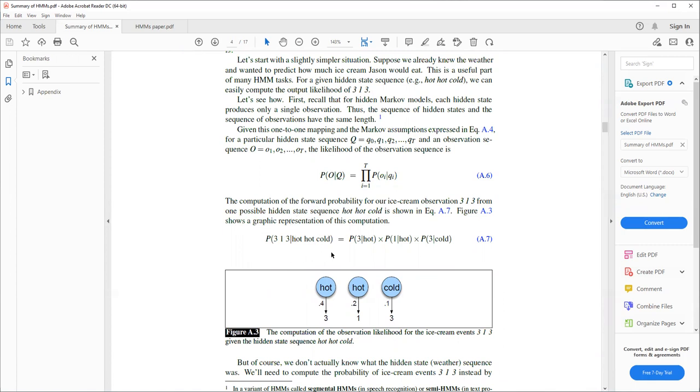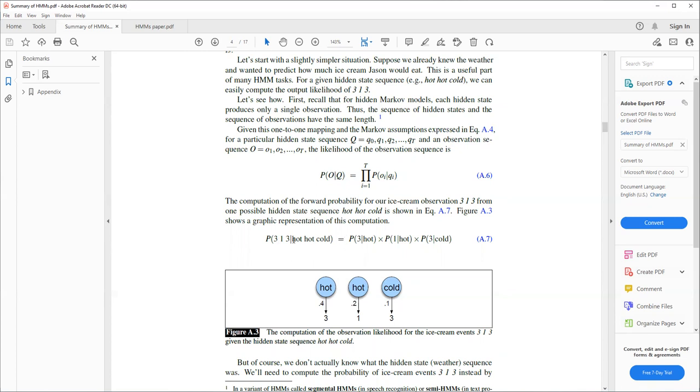If we know this, then this becomes very easy. Ultimately we need the probability of O, the observable sequence, given the hidden sequence. If this is known, the problem becomes really simple. It's the probability of observing 3 from the hot state, multiplied by the probability of 1 from the hot state, multiplied by the probability of 3 from the cold state.